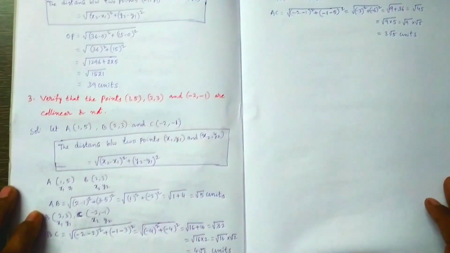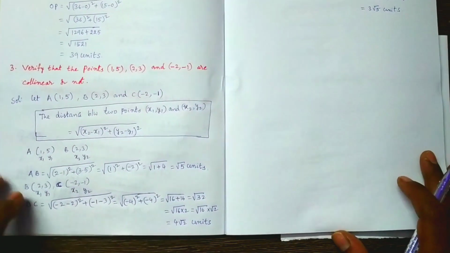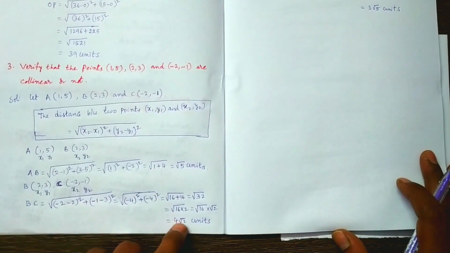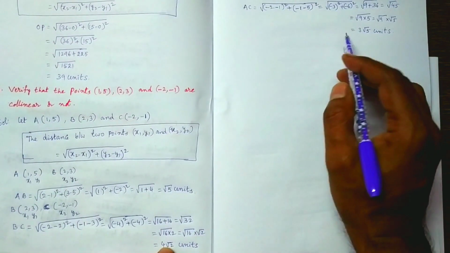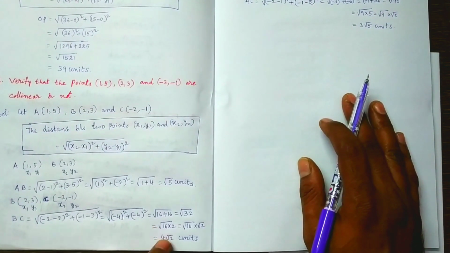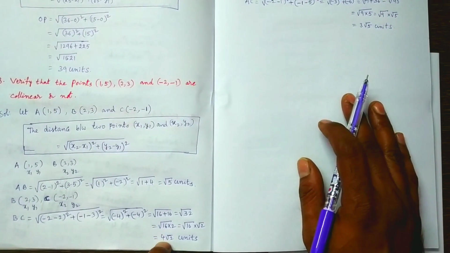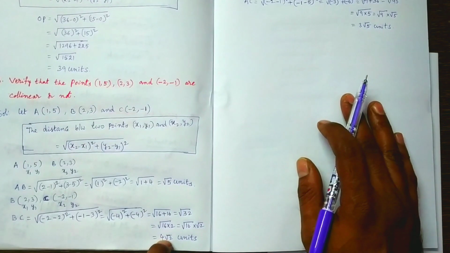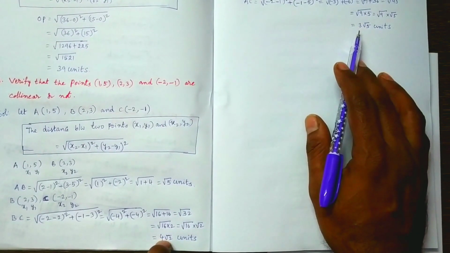So by observing these terms, AB is root 5, BC is 4 root 2, and AC is 3 root 5. Suppose BC is 2 root 5, then root 5 plus 2 root 5 will be 3 root 5.